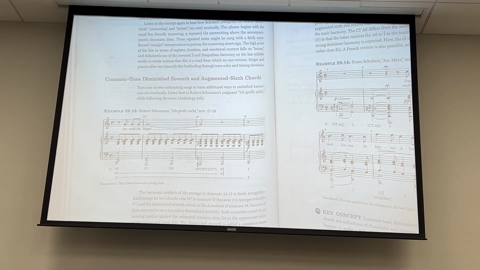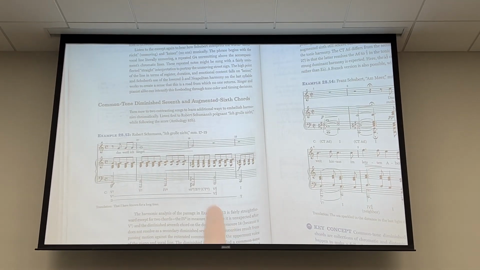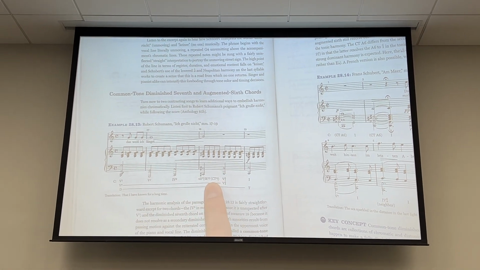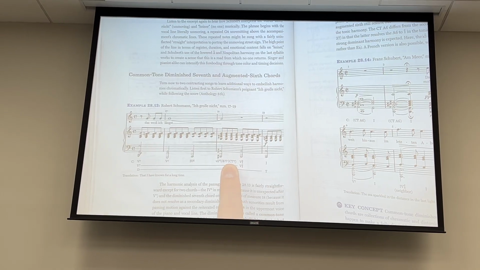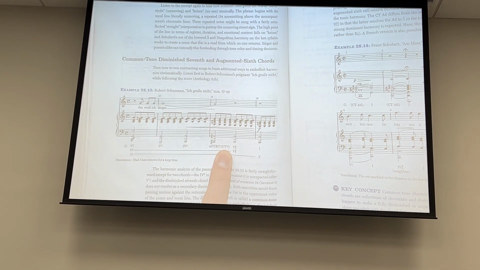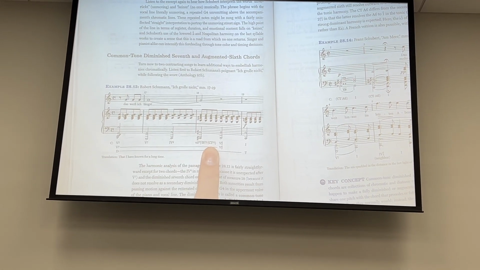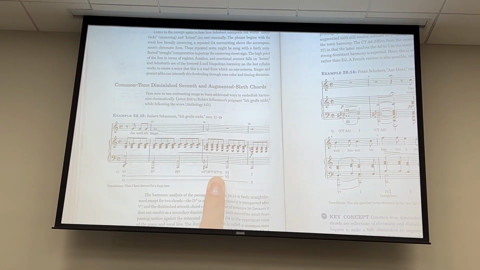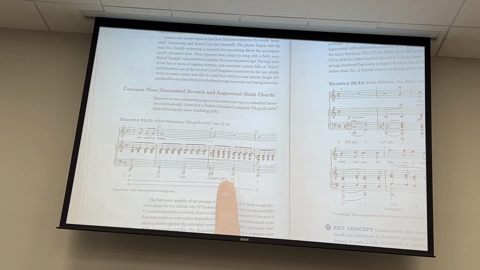This is where you have to start trusting your gut. If that seems too weird, it probably is. So they just went, common tone diminished. Question mark? Common tone diminished 7. CT, common tone. So write all of that out? Or do we just... Oh no, just the common tone.